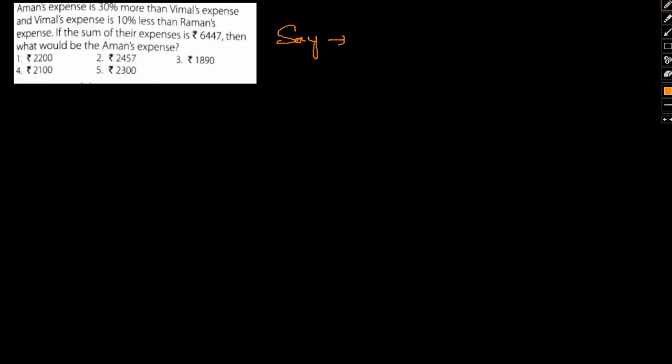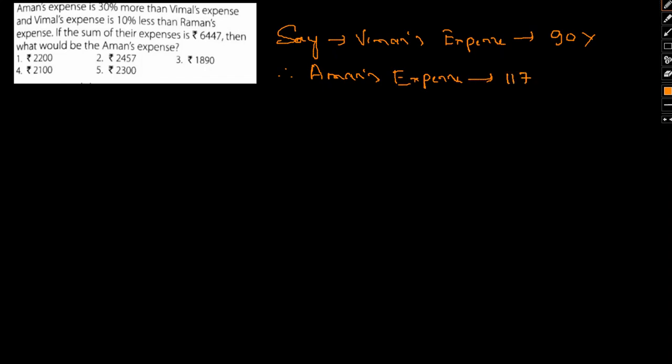Aman's expense is 30% more than Waman's expense, so Aman's expense would be 90 plus 27, so 117x.